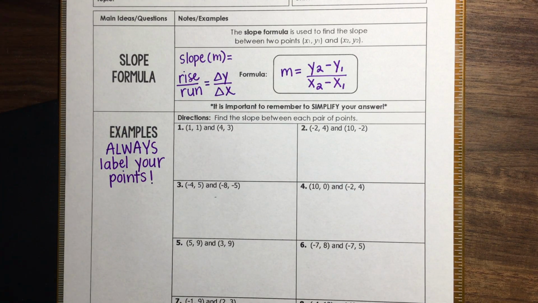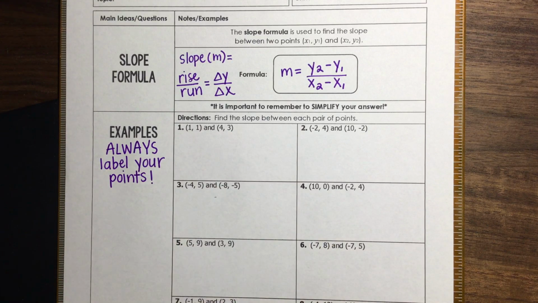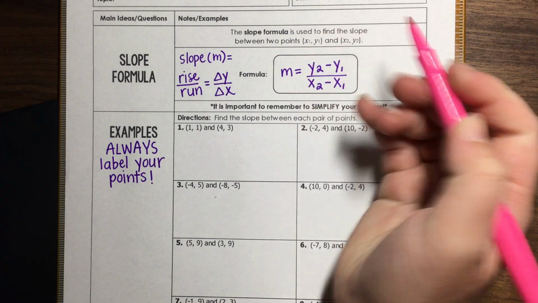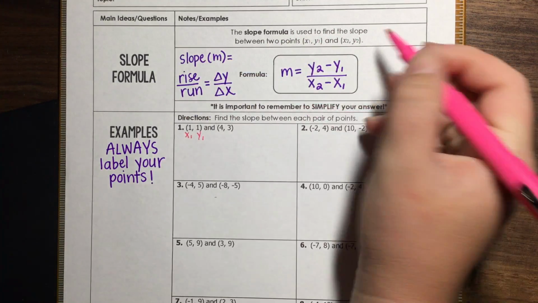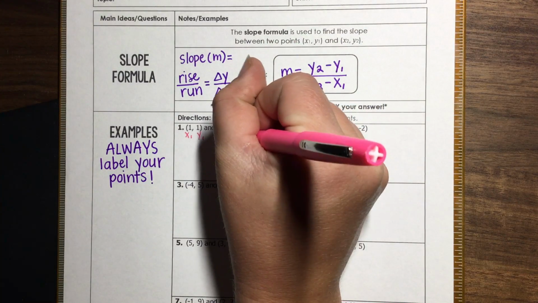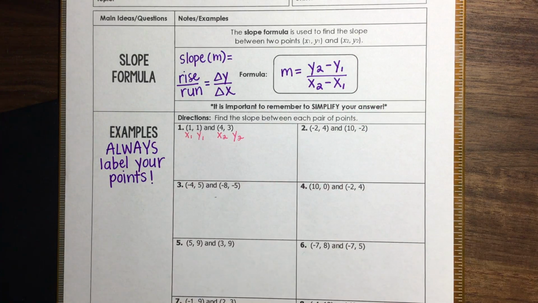The directions say find the slope between each pair of points. Number 1 gives us (1, 1) and (4, 3). I'm going to label my points just like we have above: x1, y1, then x2 and y2. I'm just writing it in the same notation that's given there.